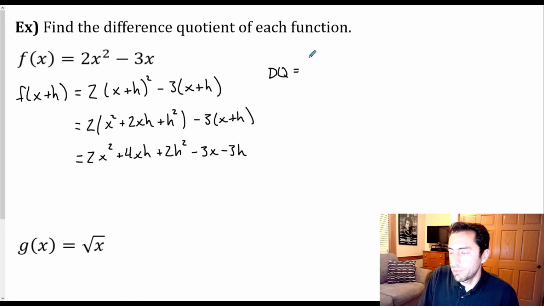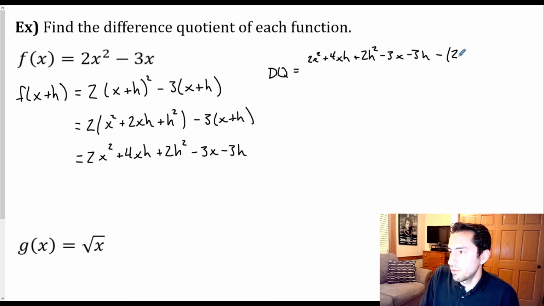So f of x plus h, we have 2x squared plus 4xh, it's that entire expression, plus 2h squared, and then minus 3x minus 3h. And then from that, we're going to subtract the entire original function we were given.